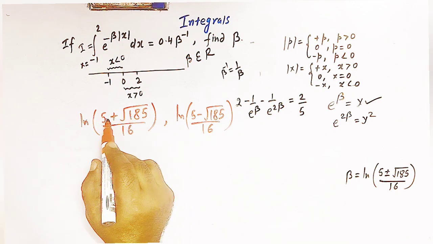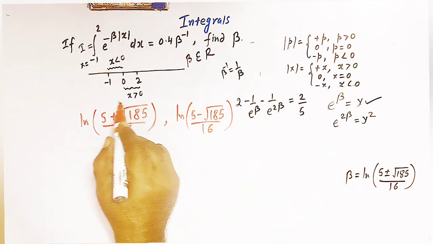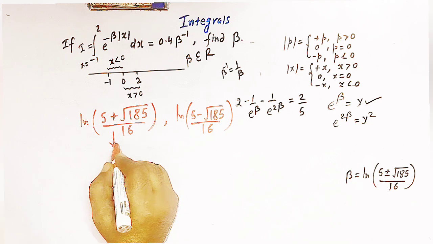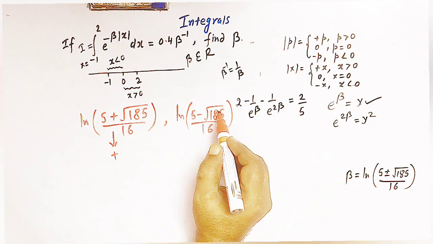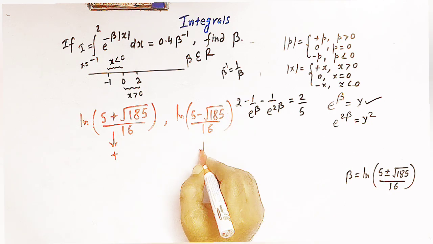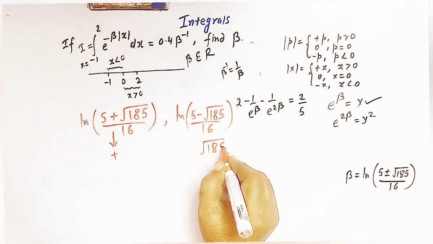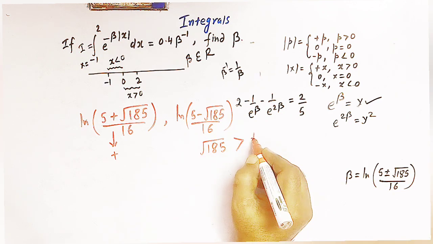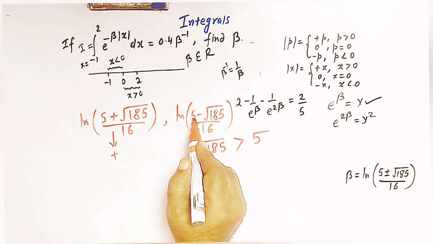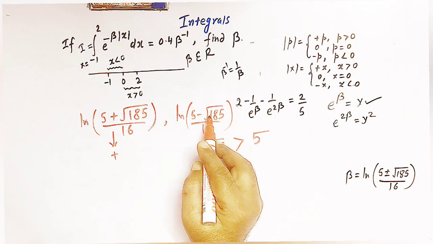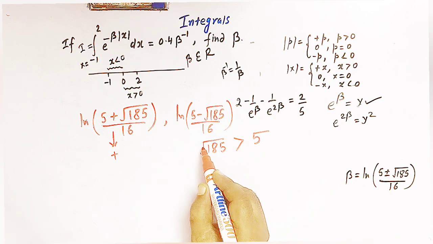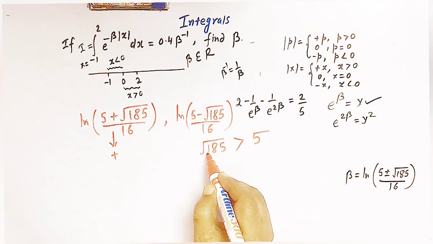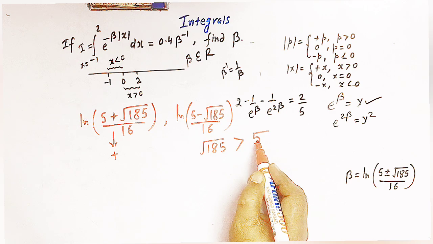Now here this expression is always going to be positive, right? And here we can see that the square root of 185 is greater than 5, right? Because here we have 5 minus square root of 185, and obviously the square root of 185 is greater than 5, right?